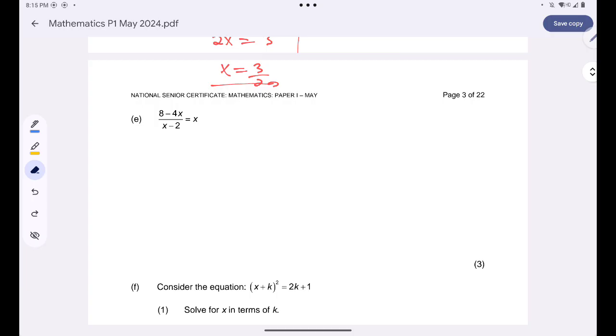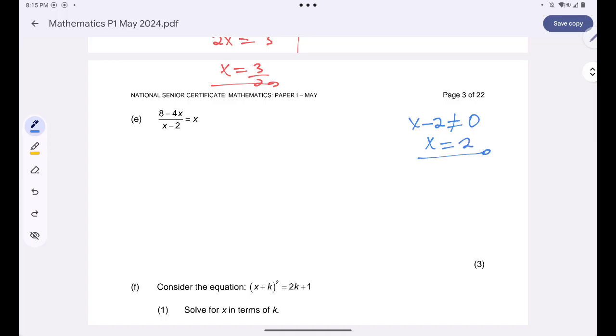How can I remove them? I must multiply both sides by the LCD, right? And since I have only one denominator, my LCD is simply x minus 2. So remember that, guys, whenever I have a fraction, I must have a restriction for my answer, right? The restriction should say x minus 2 should not be equal to 0, which simply means that x cannot be equal to 2.